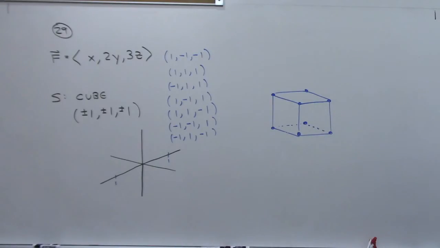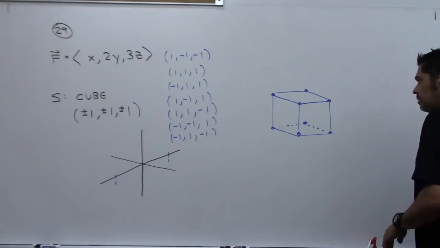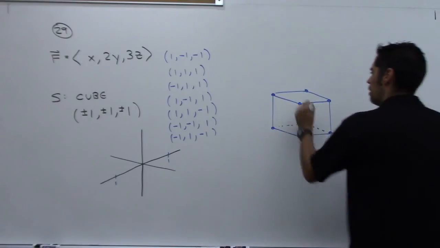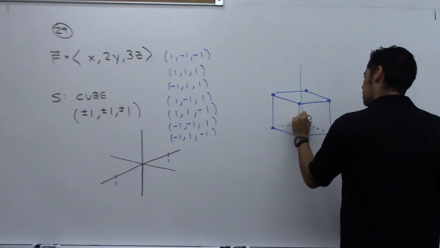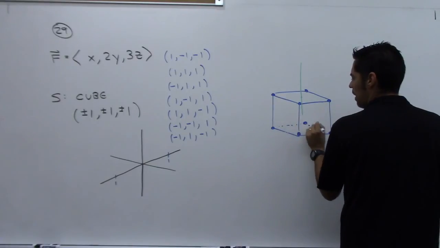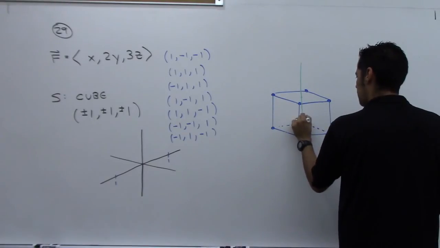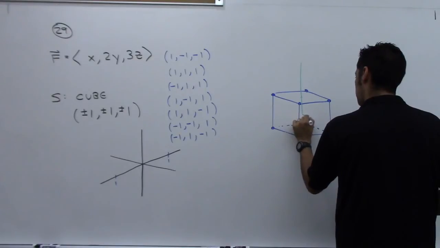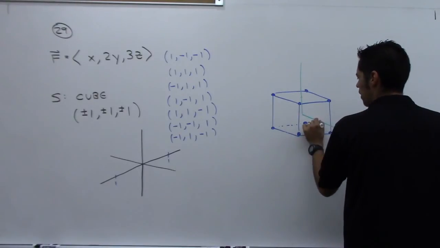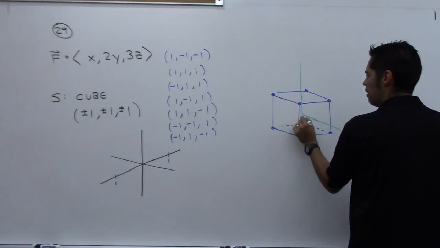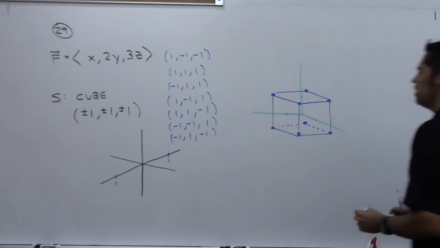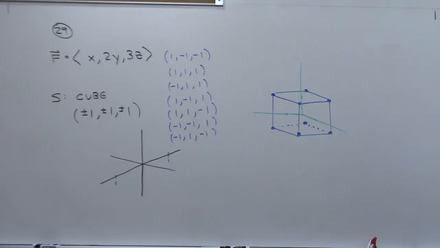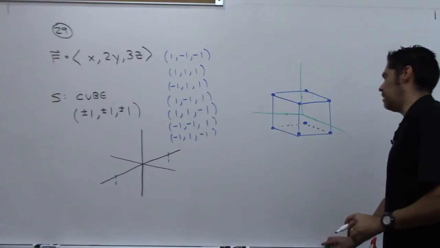I kind of like it if we just draw it like this. Now, we know that the x, y, and z axes come out through here. Punches through the center there, and then it comes out over here, punches through the center there, something like that. It's about as good as I think I'm going to get.